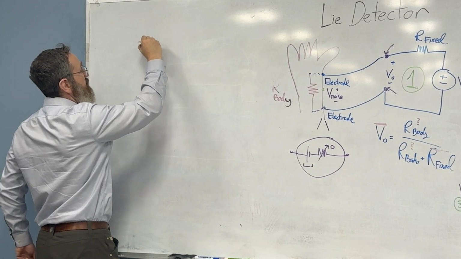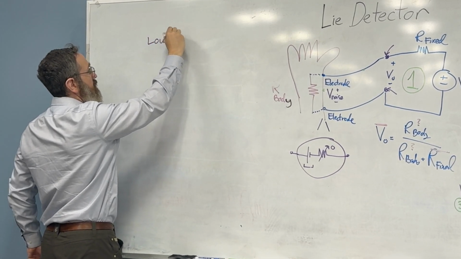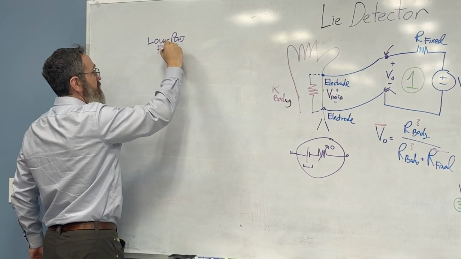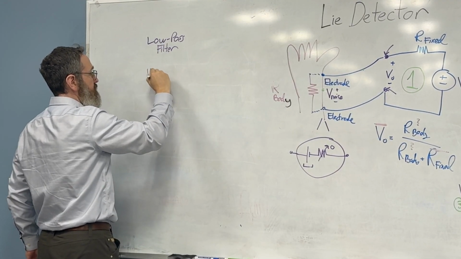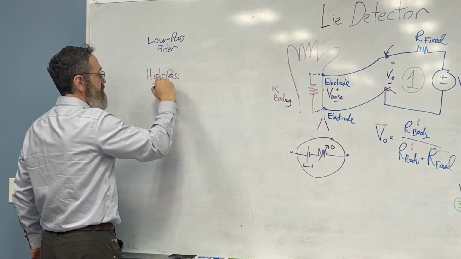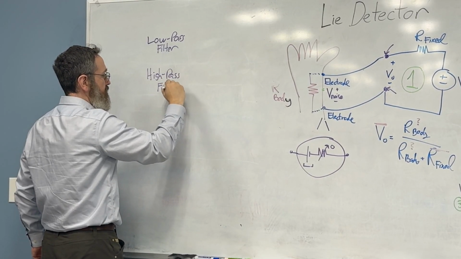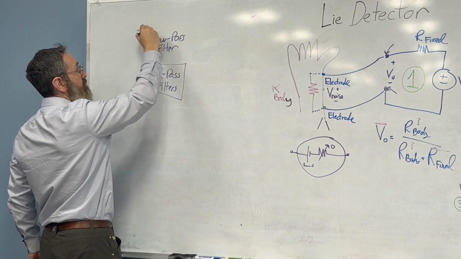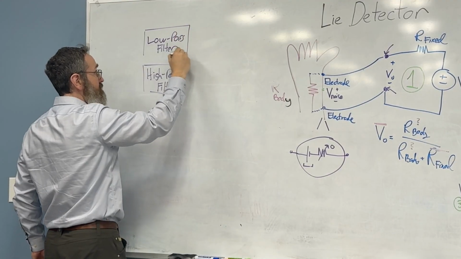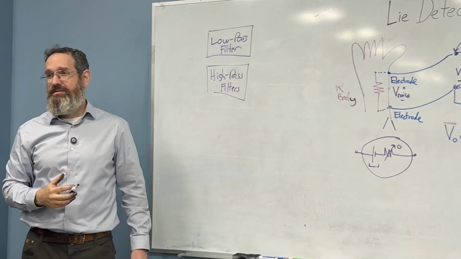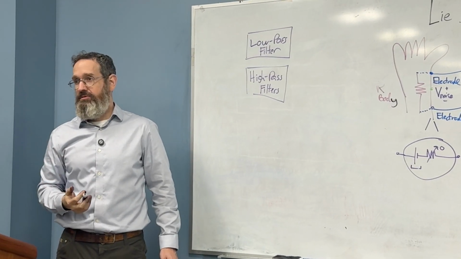We're used to thinking about low pass filters, obviously, and high pass filters. And these are things that we build. And we have thought about them as sinusoid filters, right?